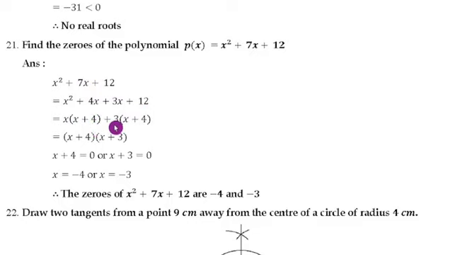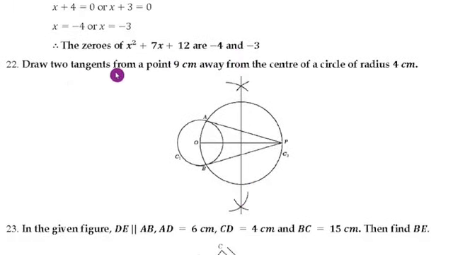If you take 3 outside, the remaining is x plus 4. So x plus 4 is common, the remaining is x plus 3. So x plus 4 is equal to 0, or x plus 3 is equal to 0. So x is equal to minus 4 and x is equal to minus 3. Therefore the zeros of x square plus 7x plus 12 are minus 4 and minus 3.